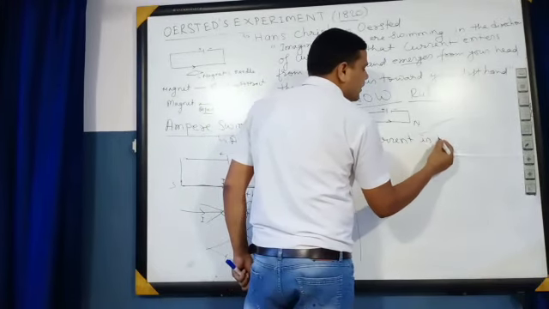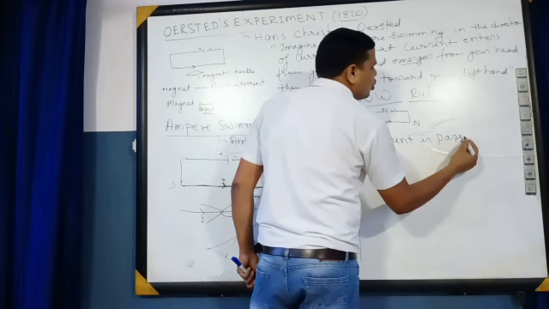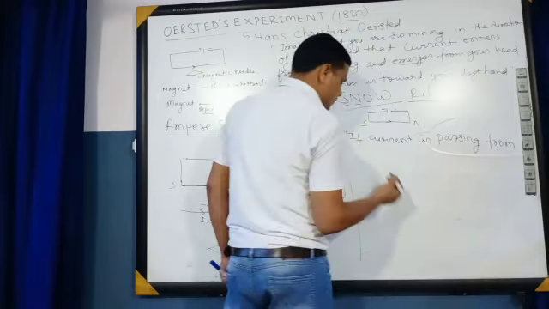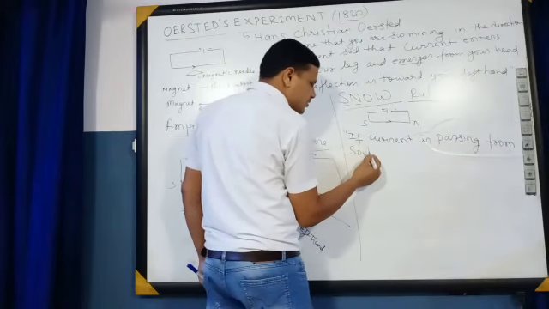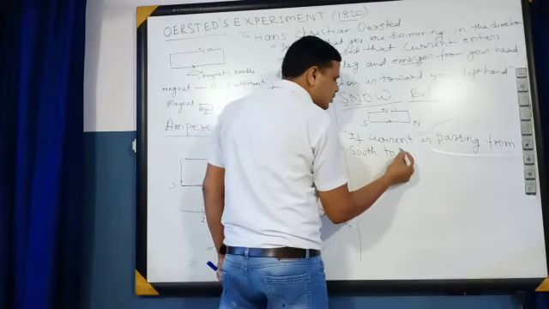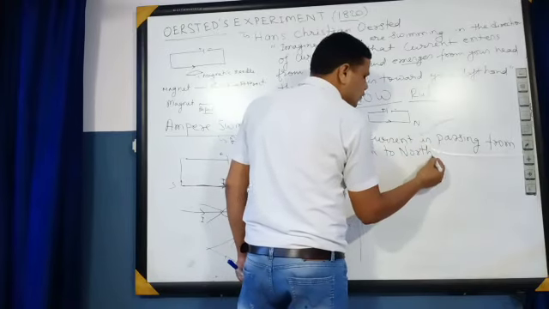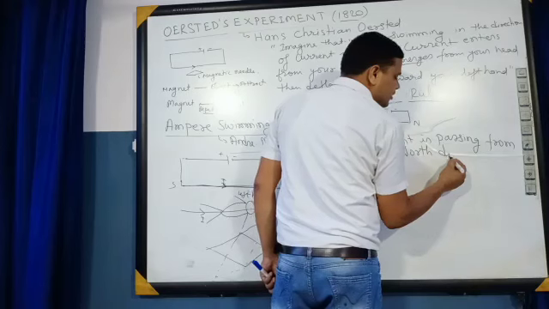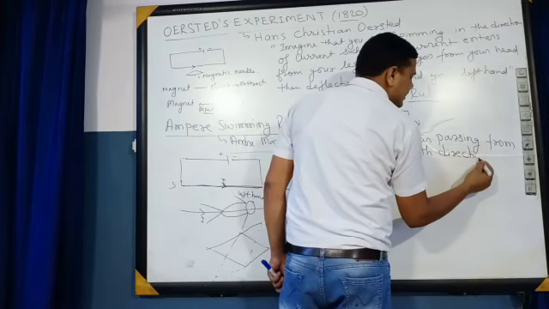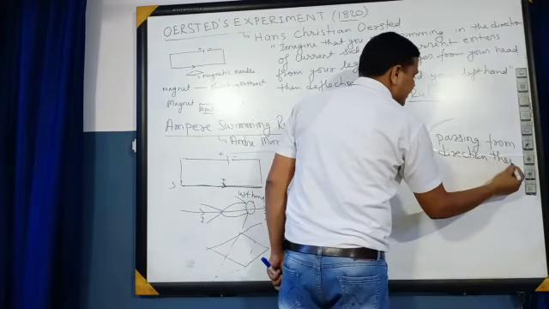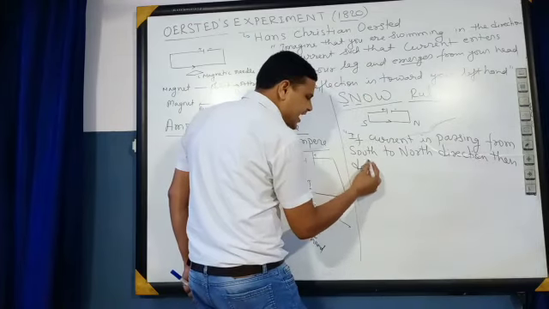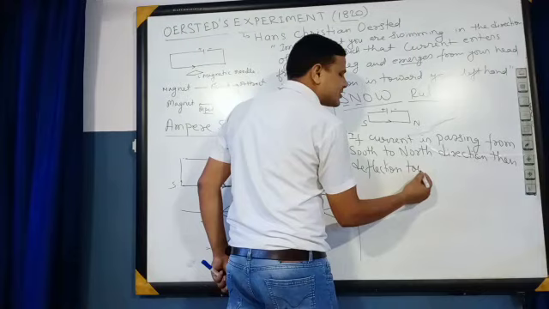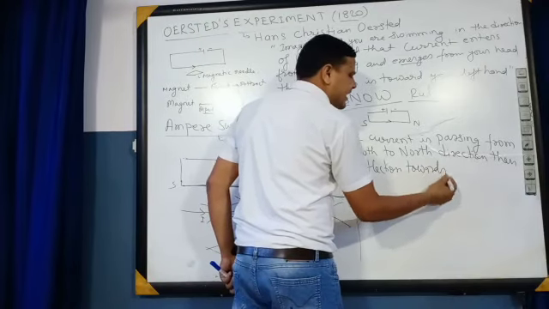If current is passing from south to north direction, then in which direction will the deflection be?